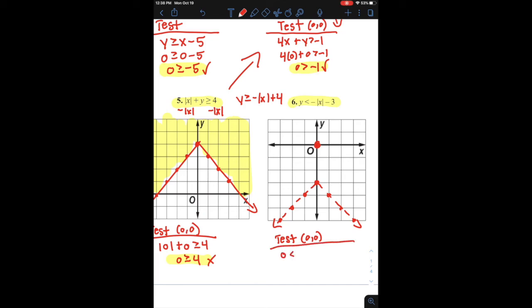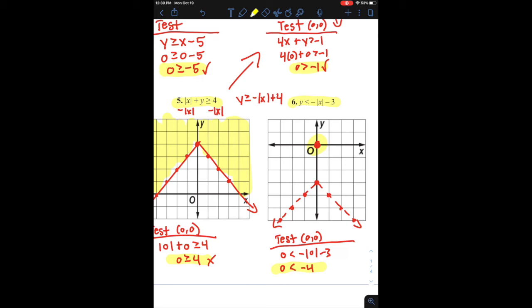So we're going to ask ourselves, is 0 less than negative absolute value of 0 minus 3? Or is 0 less than negative 4? 0 happens to be greater than negative 4, therefore the ordered pair that we just tested is not a solution.